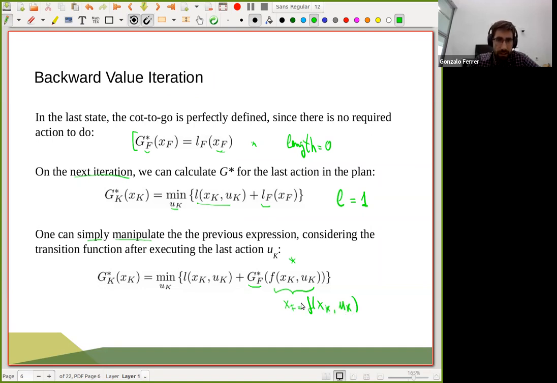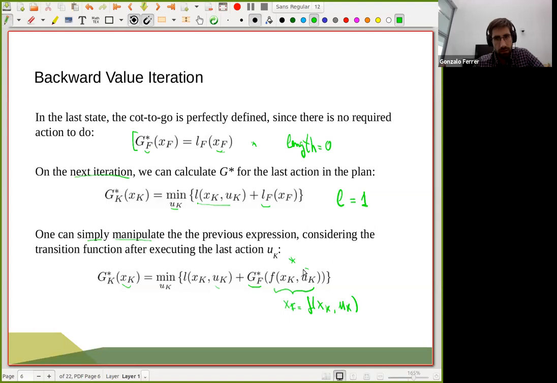So we agree that to get here, it's the result of applying an action, right? This is the only element that was not really matching. And now what we have is a function Jk that depends only on this state, right?